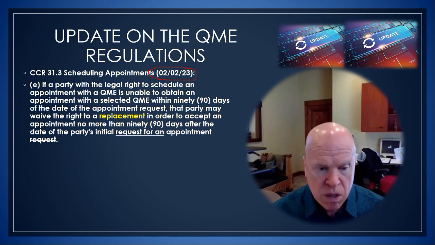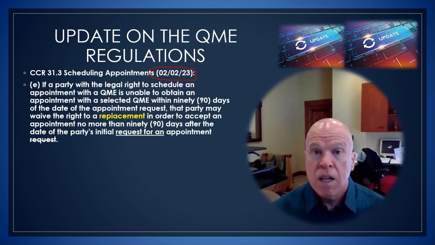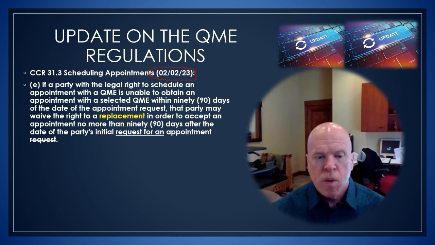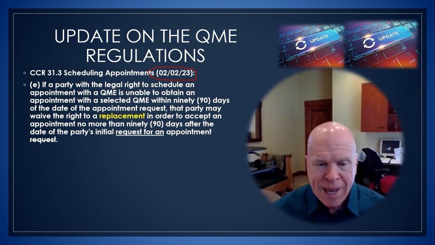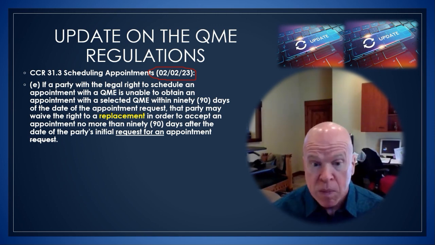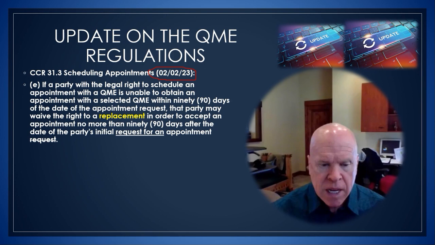And this regulation doesn't tell us who has the legal right. It just simply refers to the party that has the right. So it says if a party with the legal right to schedule an appointment with a QME is unable to obtain an appointment with a selected QME within 90 days, important to remember this now, within 90 days of the date of the appointment request.